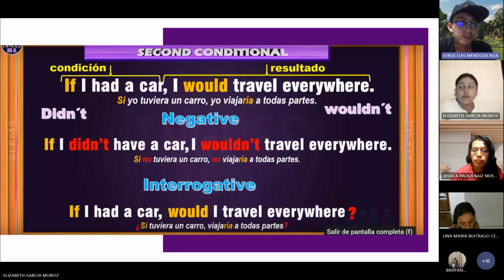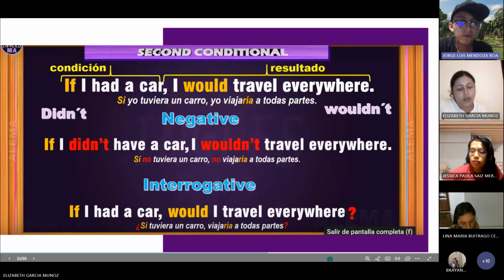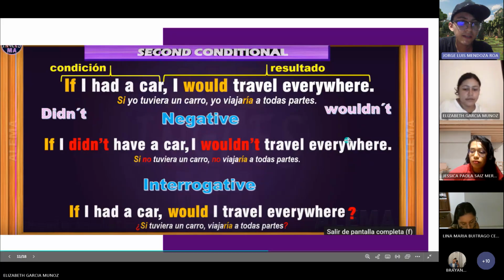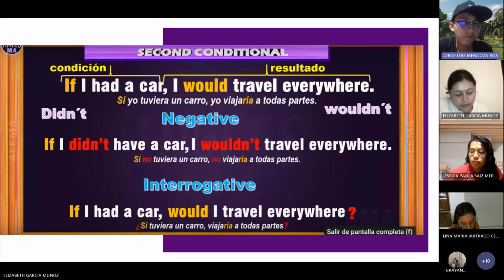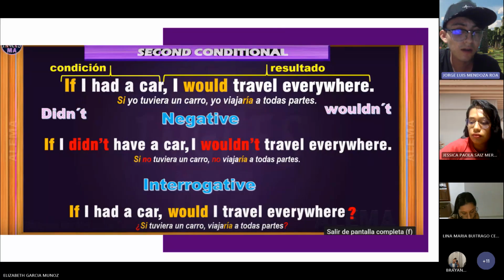And finally, we have the interrogative. In this case, we have to know that the condition will be the same as in the affirmative way, if I had a car, but the result will be changed because we need to say first the modal verb that is would, and then the subject, plus the verb and plus the complement.